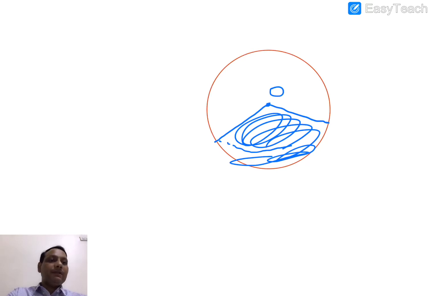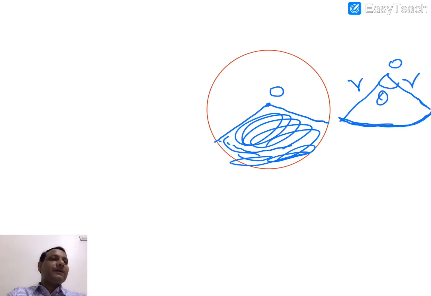For help, I'm going to make it in a simple way. This is the sector O. It is a little bit curved, don't be confused, the radii are the same. This picture is not very good, but we will still try to understand. This is the angle theta in degrees.